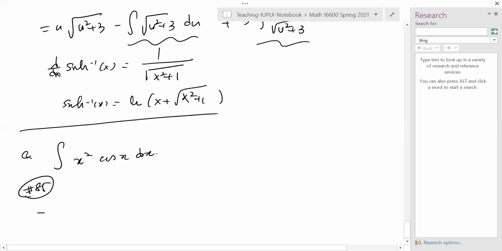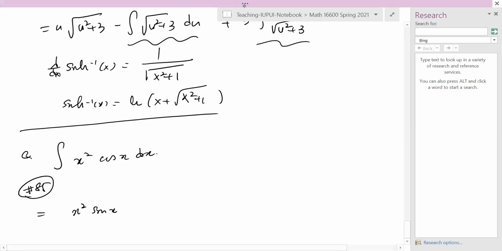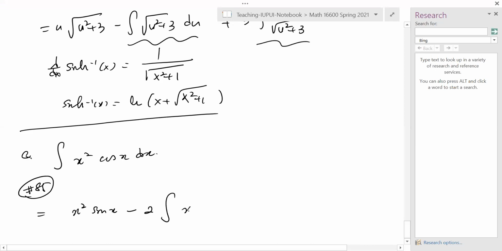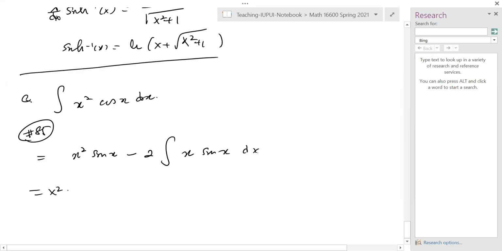So that's going to be x squared sine x minus, that's 2, times the integral of x sine x dx. Okay, n equals 2. Then you continue to use the formula given in the book, right?